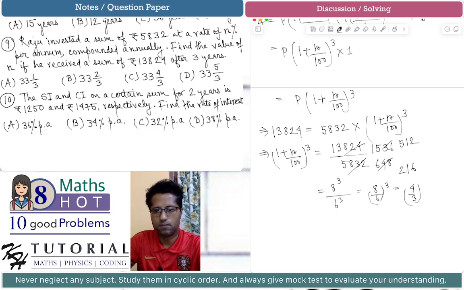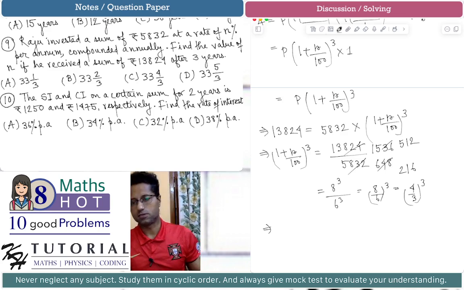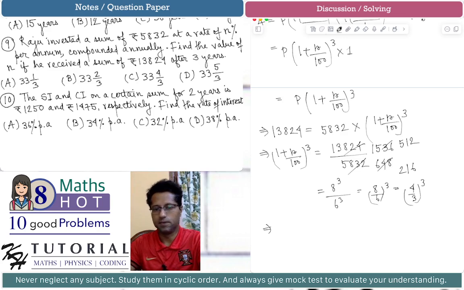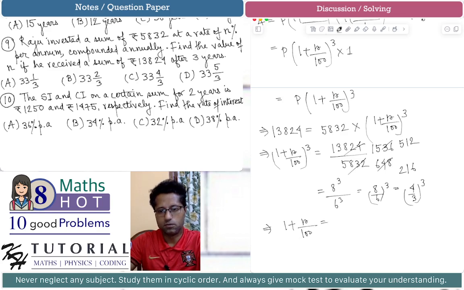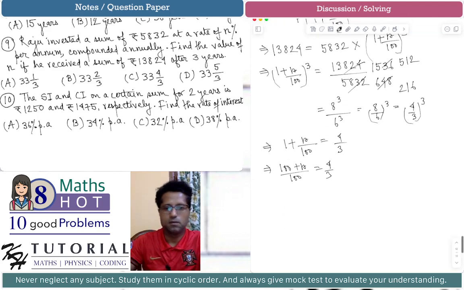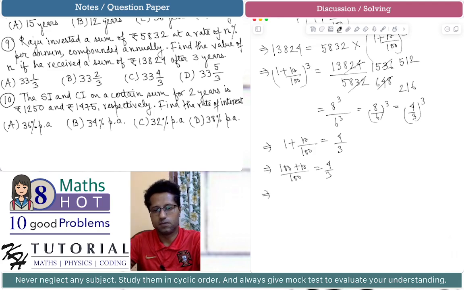Now we have in the equation both the LHS and RHS in exponential form where the powers are same. So we can equate the base. So we will have 1 plus r by 100 is equal to 4 by 3. This implies 100 plus r divided by 100 is equal to 4 by 3. If we do cross multiplication, 3 multiplied by 100 plus r is equal to 400.